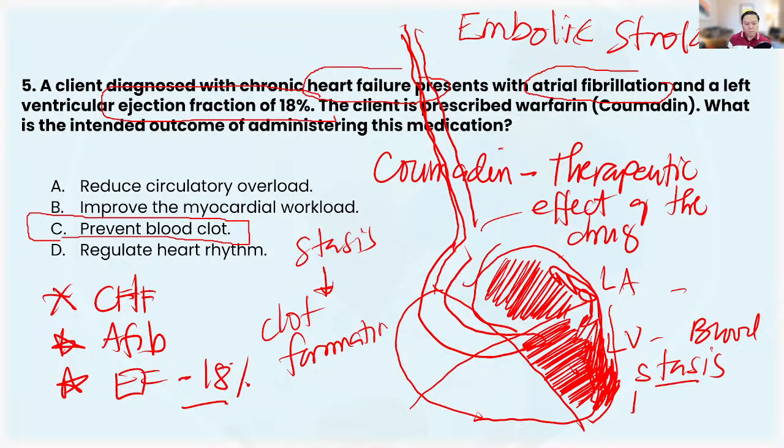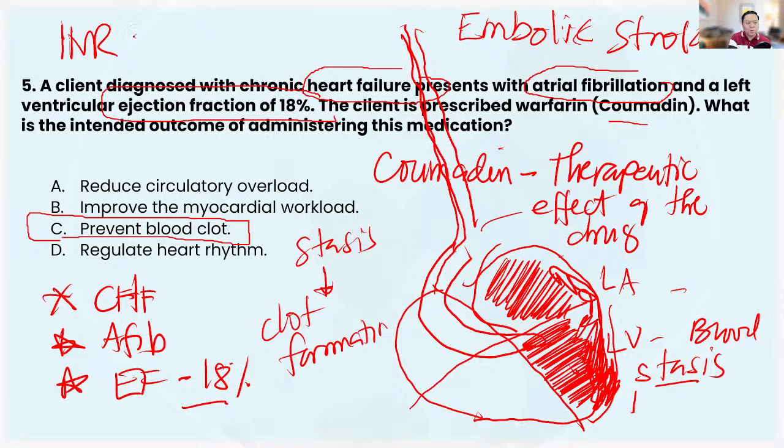So the treatment here is to make sure that we are thinning the patient's blood with the use of Coumadin in order to prevent the clotting, okay? In order to thin the blood, because we want to prevent the clot formation because of the blood stasis. All right, so I hope that you understand the reason why we are giving the Coumadin. And don't forget about the basic concept about the INR, PT-INR.